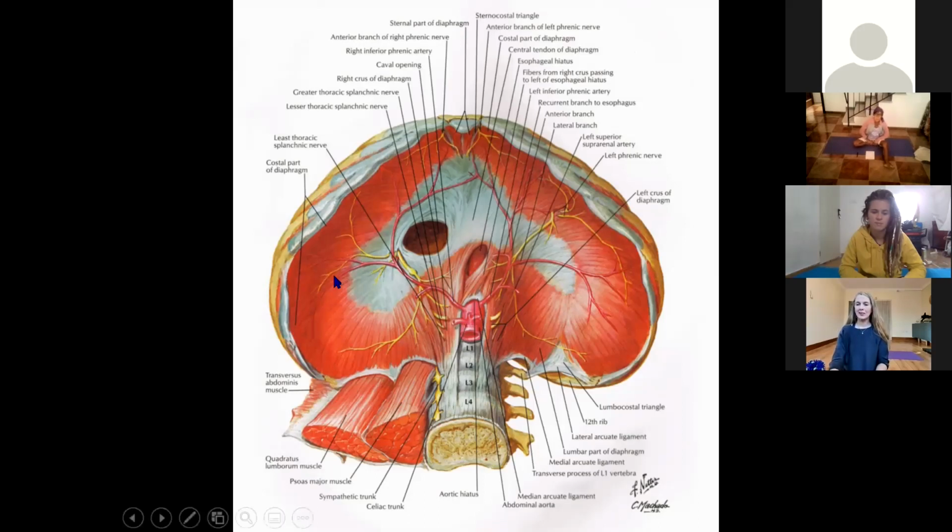So here is your diaphragm. This is from Netter. You're looking up at the diaphragm. So here's L4, L3, L2, L1, your lumbar spine. And you're looking from below at this gorgeous horizontal membrane that beats 22,000 times a day just so that you can breathe.